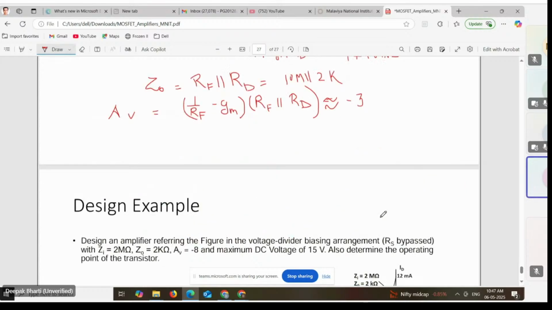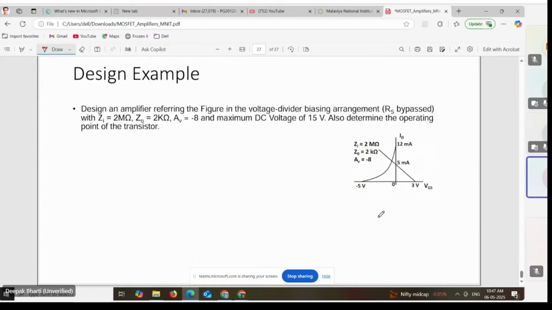So let's solve another example, and this example is slightly different. So this is one design example. Here we have been given the parameters of the amplifier, that is ZI, Z0 and AV are given to us, and using these parameters we need to design the network.